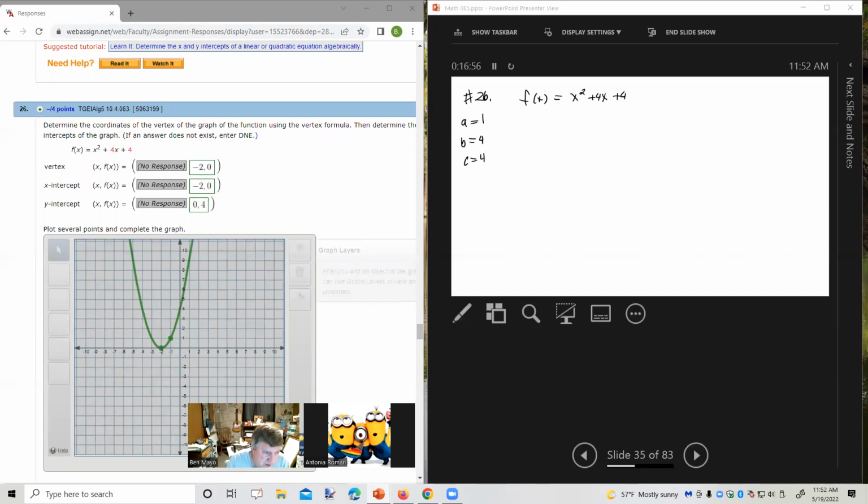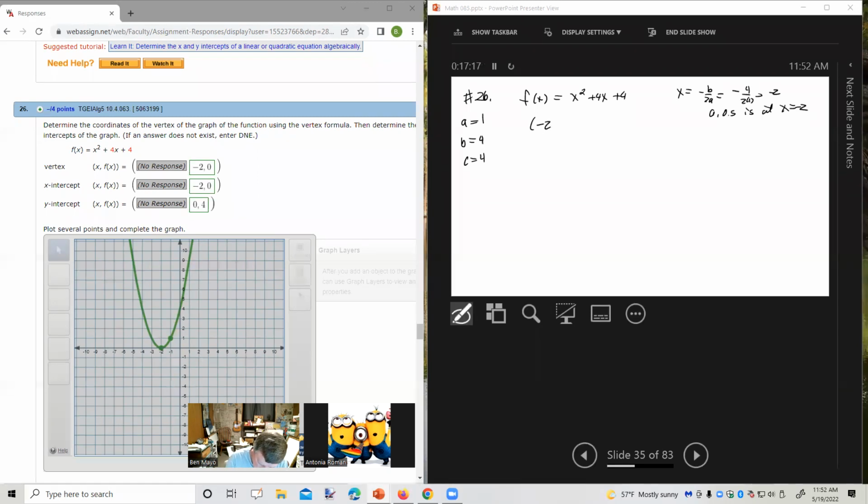To find the vertex, we need to find the x value, which is the same as the x value of the axis of symmetry. So x equals -b over 2a is -4 over 2 times 1, which is -2. So the axis of symmetry is at x equals -2.